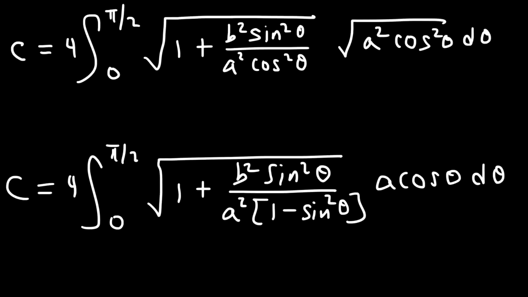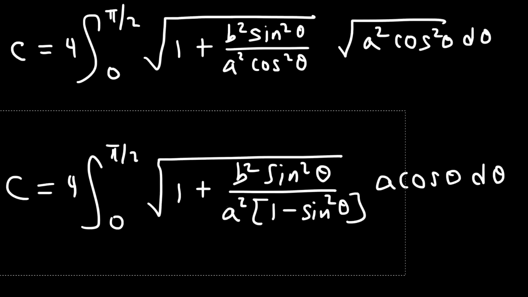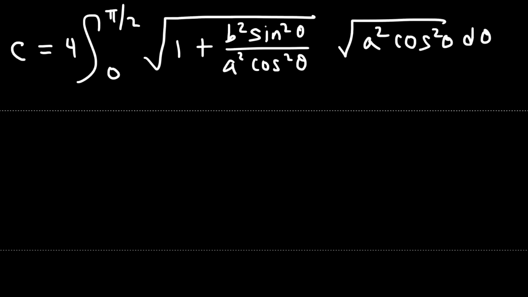So I'm going to take what I have here and distribute it to the two terms there. So if we multiply this by 1, we're just going to get a squared cosine squared inside the square root.